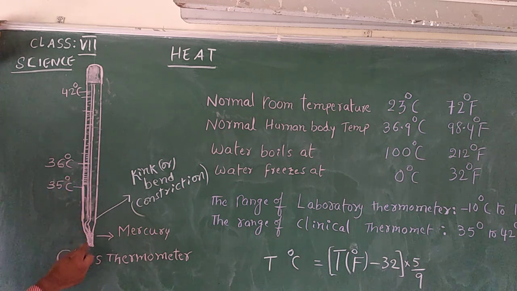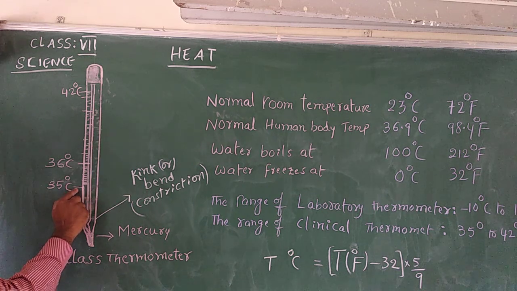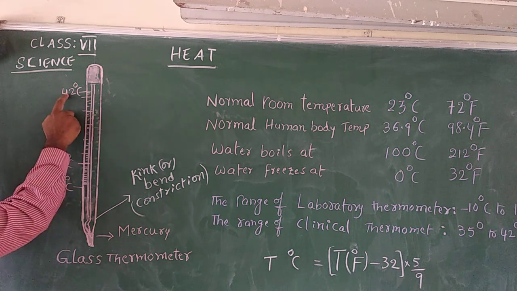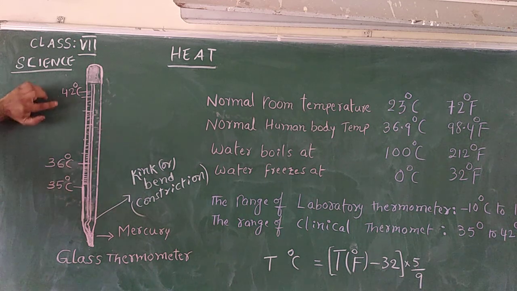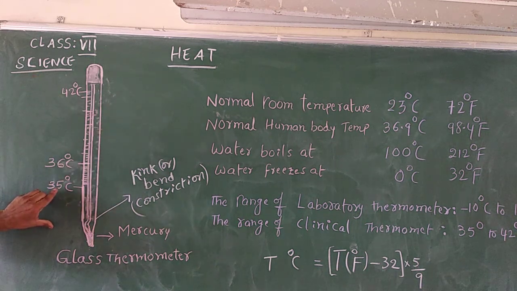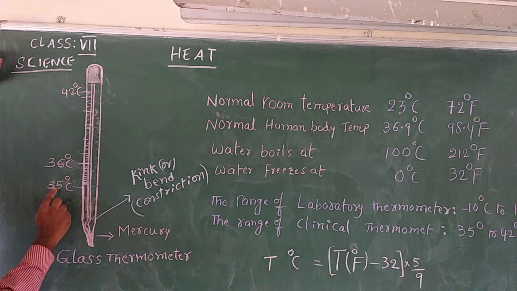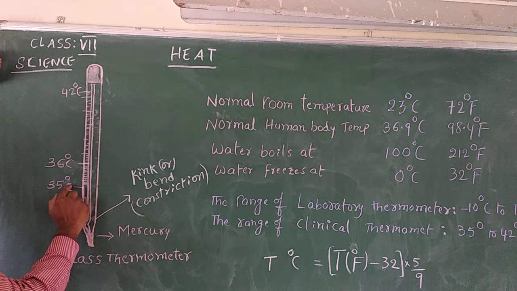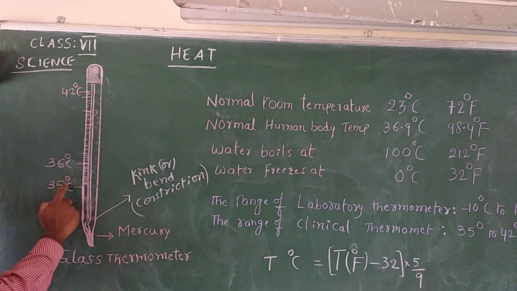Now the reference temperatures. In the glass thermometer, the minimum point is 35 degrees Celsius and the maximum is 42 degrees Celsius. This is the minimum reference point and maximum reference point. That means with the help of the glass thermometer, we can measure from 35 degrees Celsius to 42 degrees Celsius.